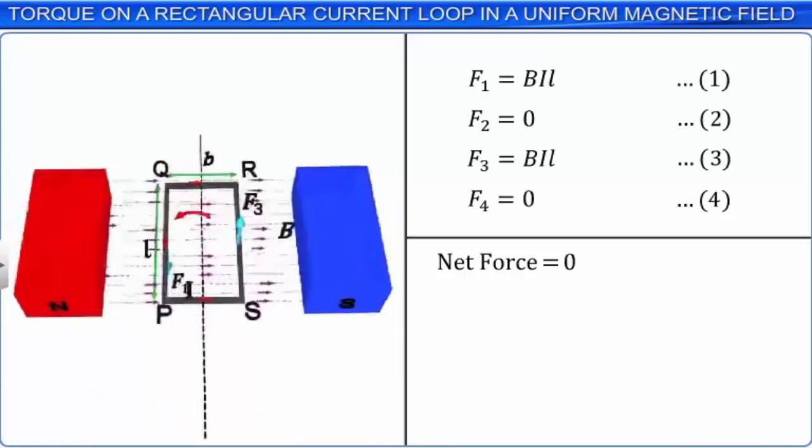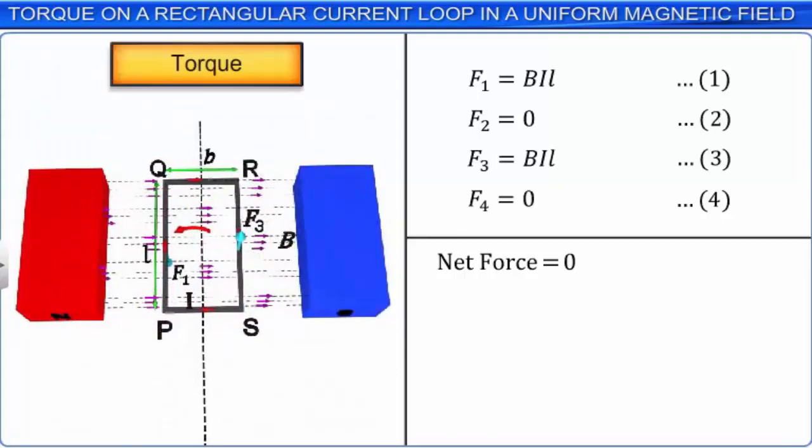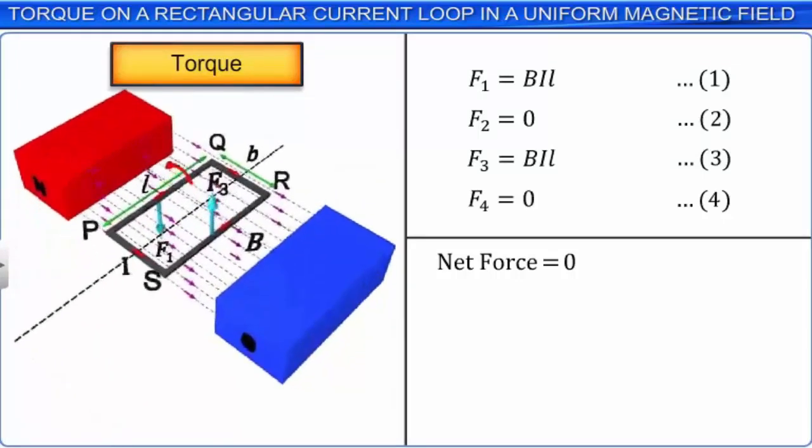These two forces cause the rectangular loop to rotate about an axis that lies in the plane of the loop, parallel to its length and passing through its center. Thus, the axis of rotation of the loop passes through the midpoints of QR and SP.